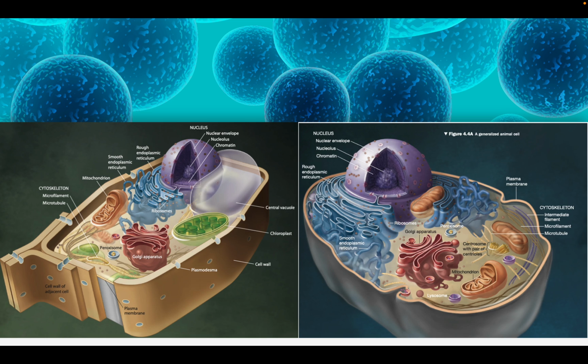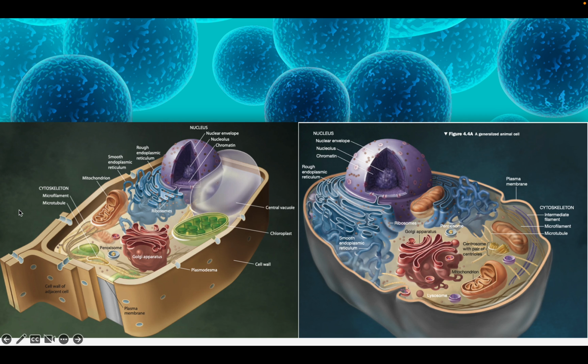So organelles, what are organelles? Organelles are specialized membrane-bound structures within eukaryotic cells that perform specific functions necessary for the cell's survival, growth, and maintenance. So here we have two illustrations of cell.